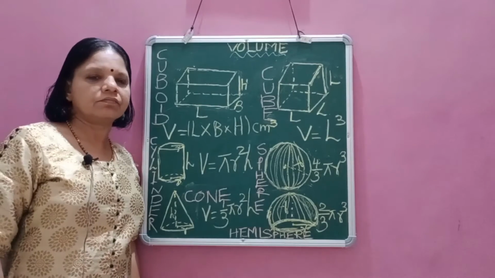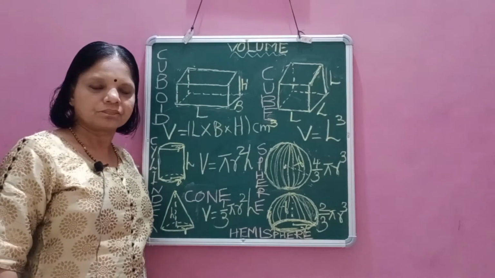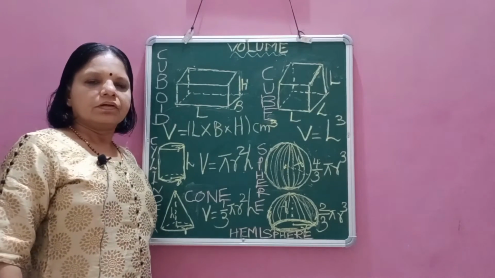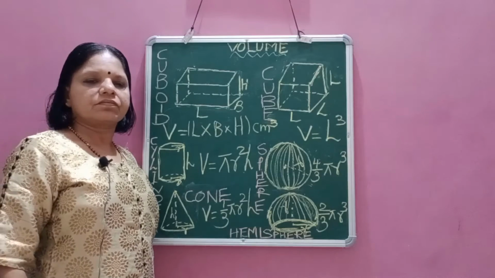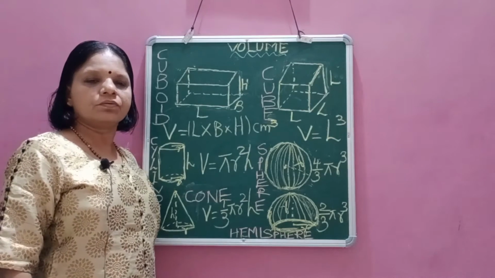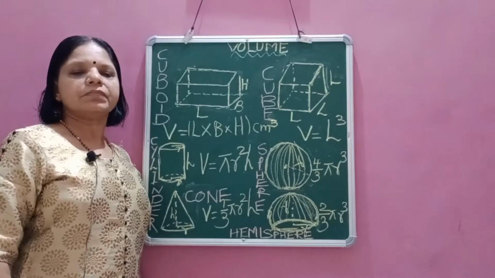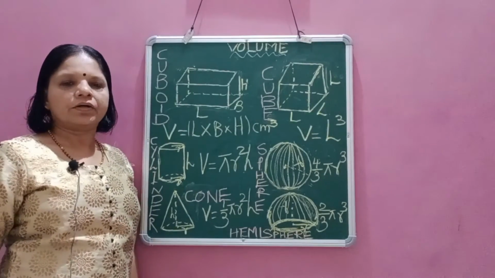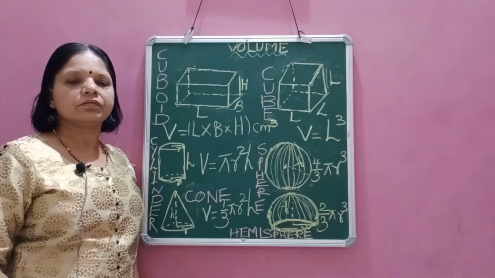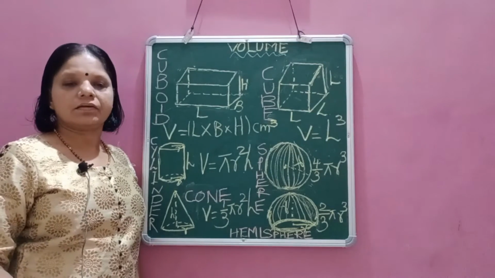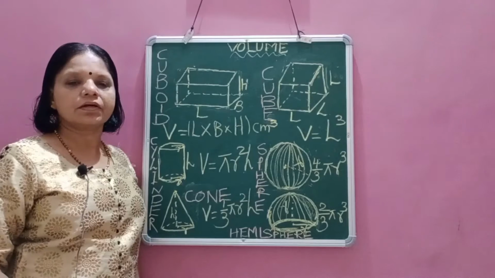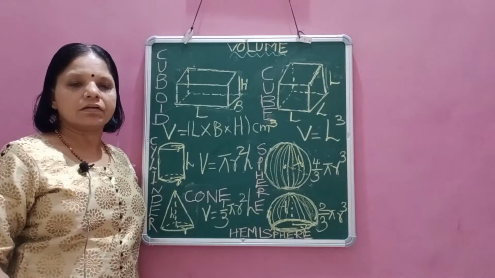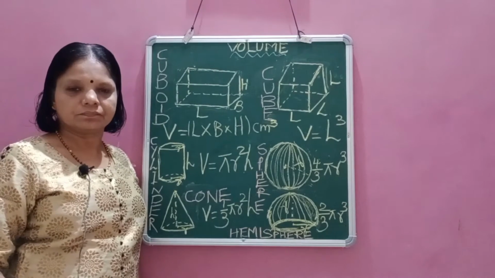How it is connected with centimeter cube. 1 liter is equal to 1000 milliliter. You know milli is 1/1000. So 1000 milliliter or 1000 ml. In short, we are telling 1000 milliliter ml equal to 1 liter.